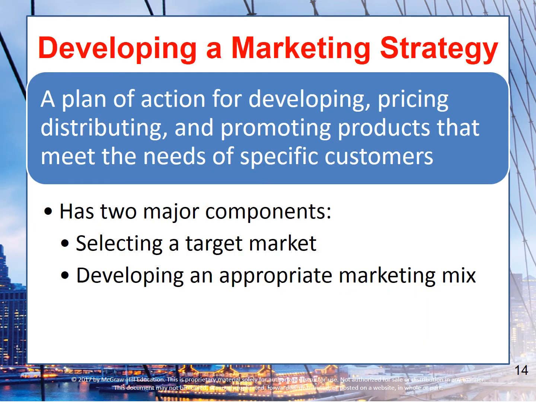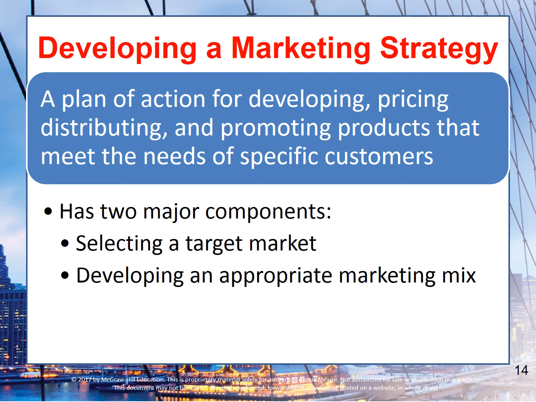So to implement the marketing concept, what we could call customer relationship management, a business has to develop a marketing strategy, a plan of action for developing, pricing, distributing, and promoting products that meet the needs of a specific customer. It has two major components: selecting a target market and then developing an appropriate marketing mix.